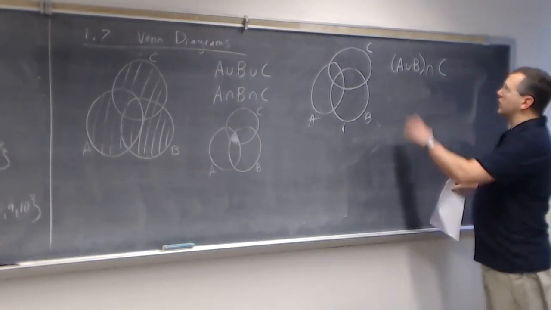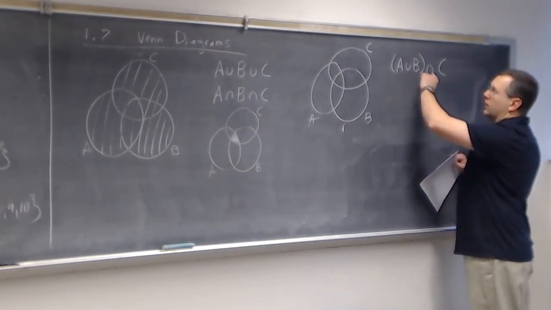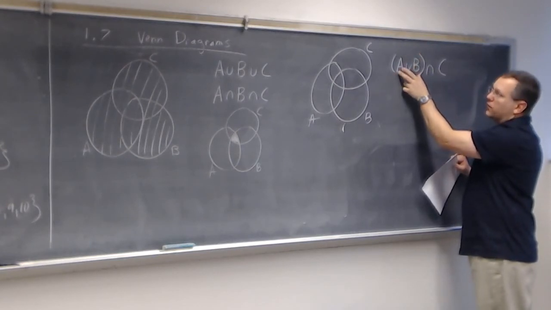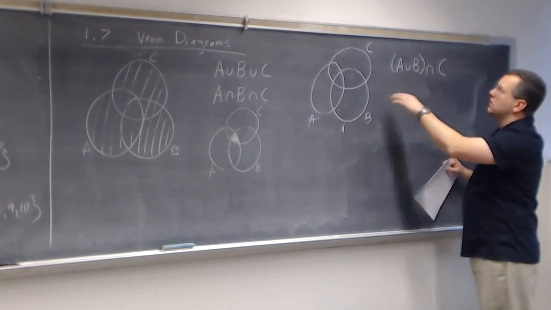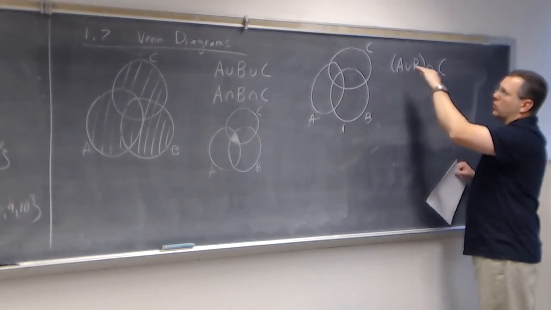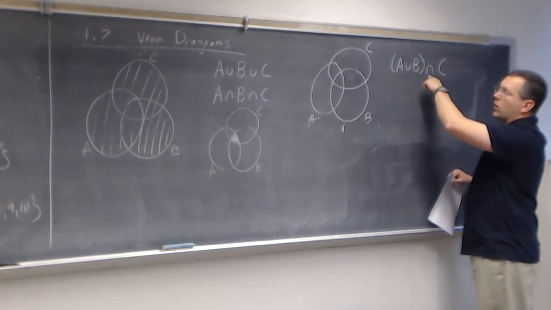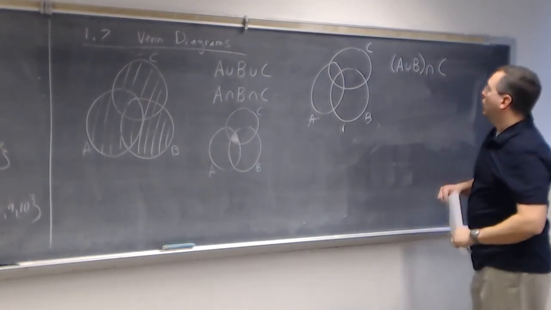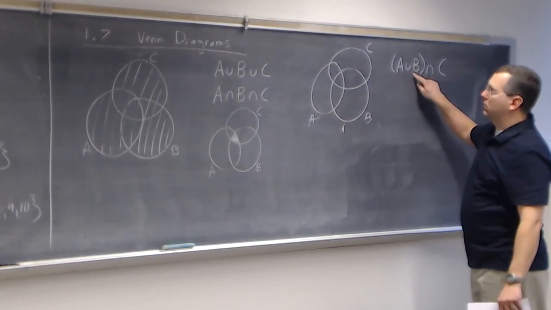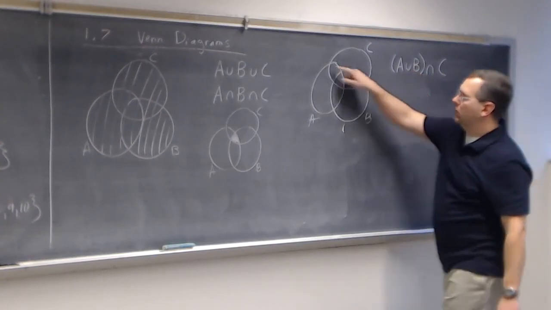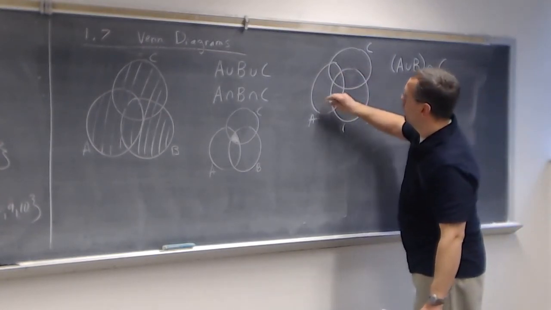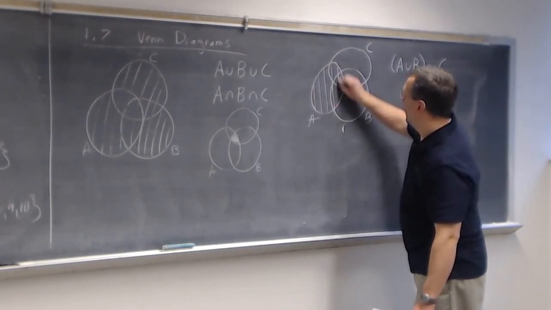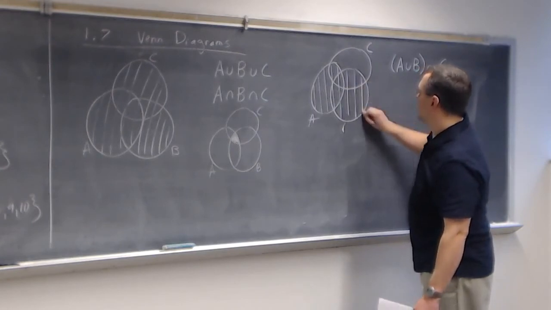Really think of this as the intersection of 2 sets. I'm going to shade the first set with vertical lines, and the second set with horizontal lines, and then we'll look at where those 2 overlap. So what does A union B look like? Yeah, all of A and all of B. So I'm going to use vertical lines for A union B.